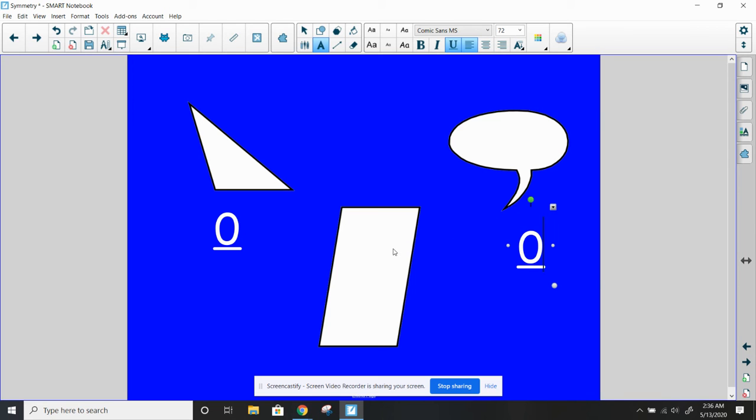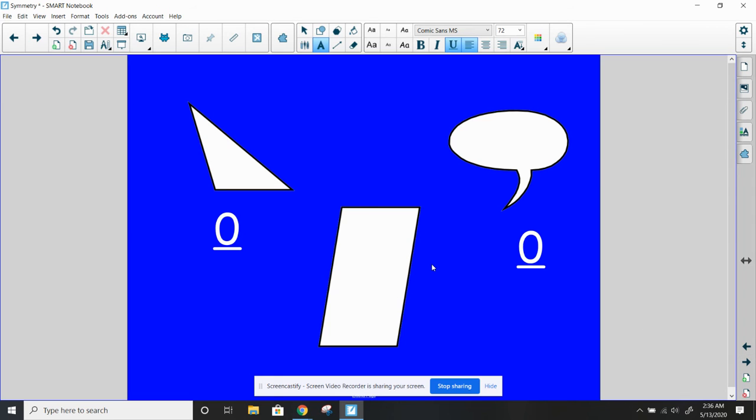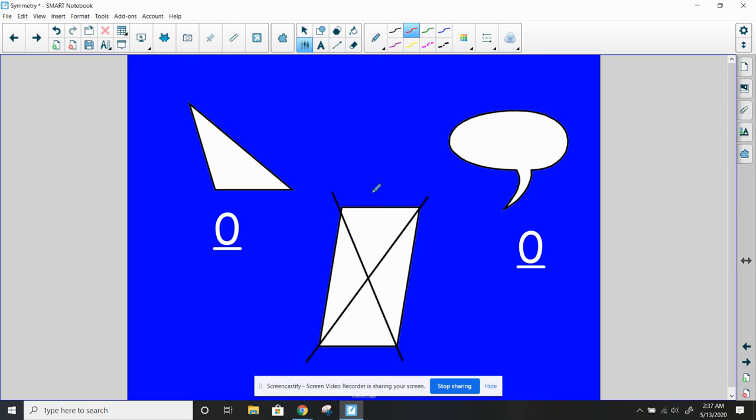Now, what about this parallelogram? If we think back to the parallelogram over here, which is also a rhombus, it had two lines of symmetry. Does that mean this one has two lines of symmetry? The same way, can I draw a line of symmetry from corner to corner and from corner to corner? Well, let's see. Let's change it to red.